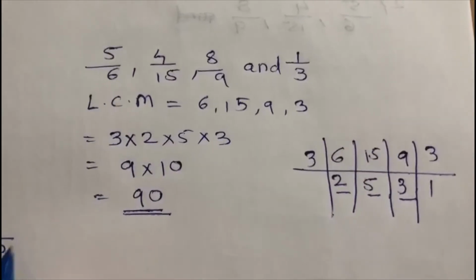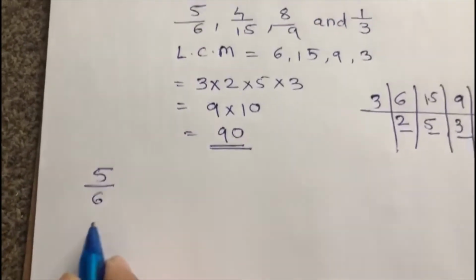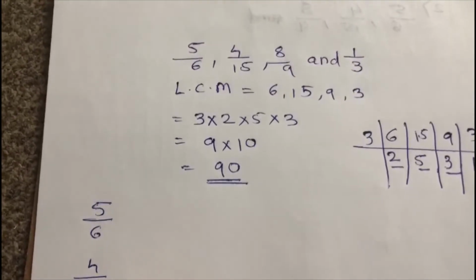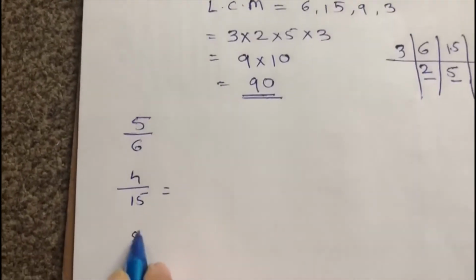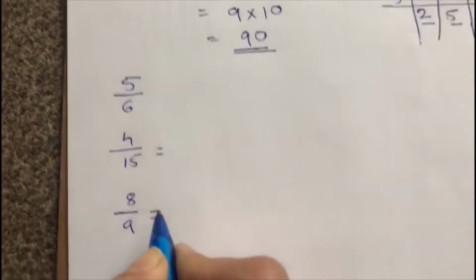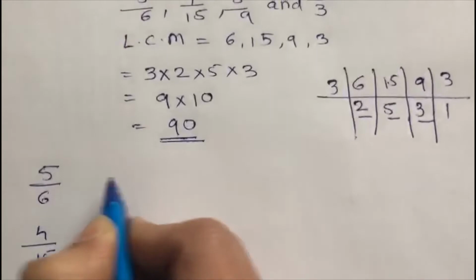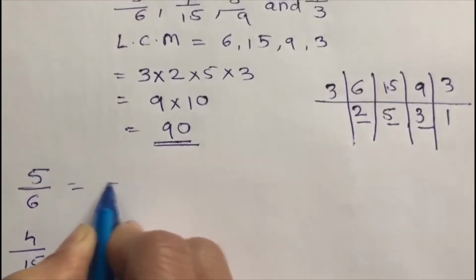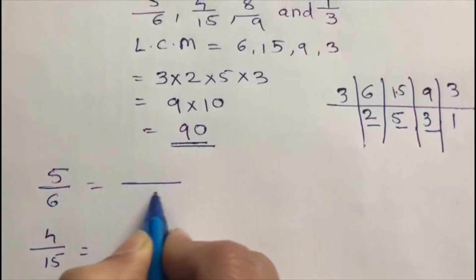So I write all these four fractions. First 5 by 6, then the second one is 4 by 15, the third one is 8 by 9 and the fourth one is 1 by 3. As we know the denominator is 90, we have to convert all these denominators to 90.